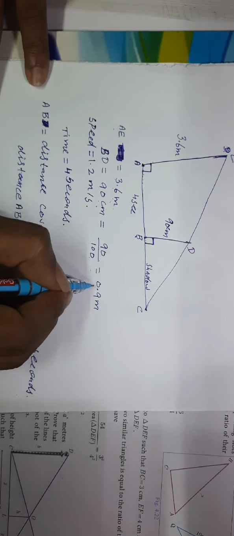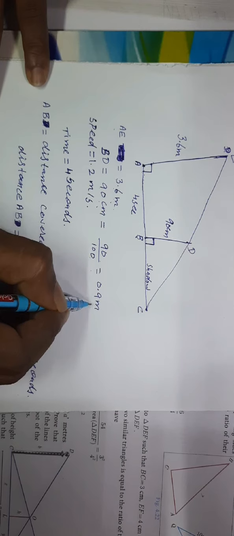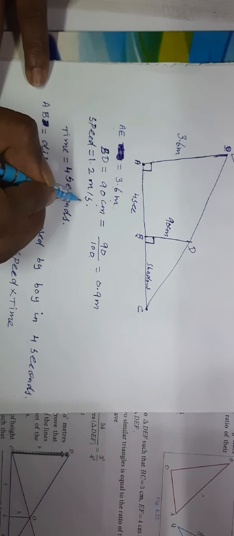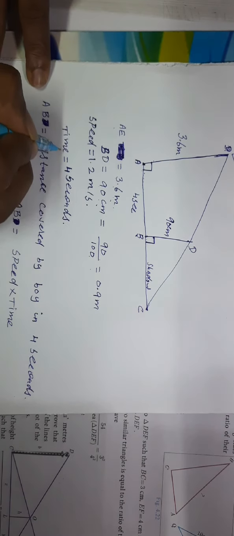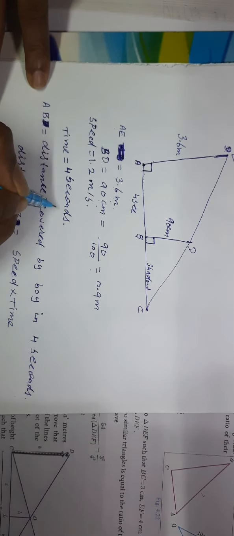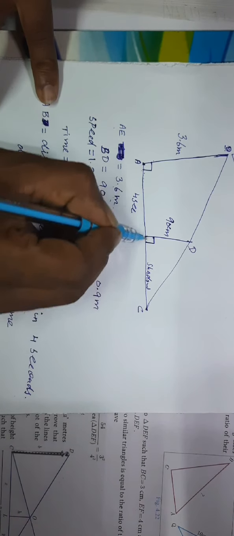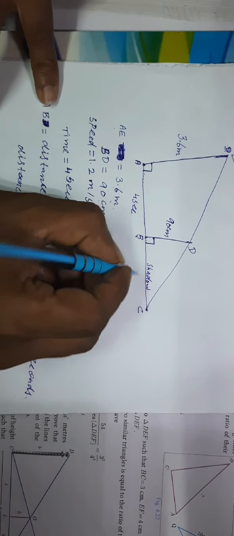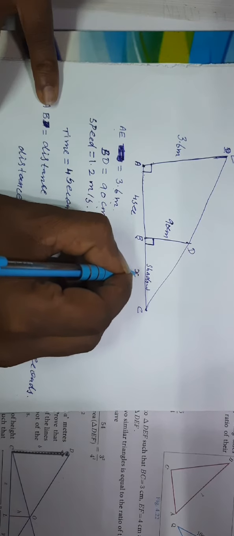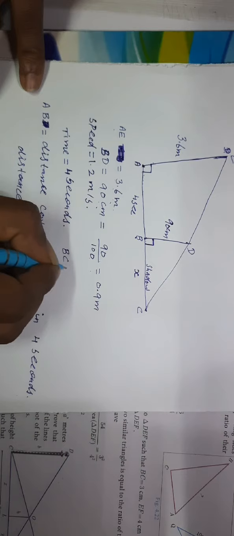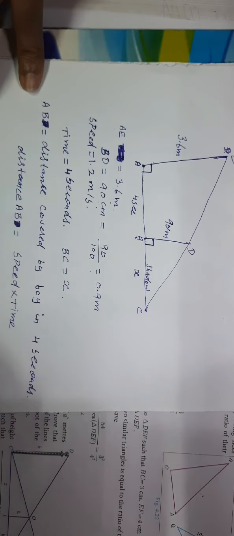So it changes to 0.9 meter. The speed of the boy is given as 1.2 meter per second, and he takes the time of 4 seconds. Here you want to find the shadow of the boy after 4 seconds, so we can take x. BC is not given, so we take BC is equal to x.